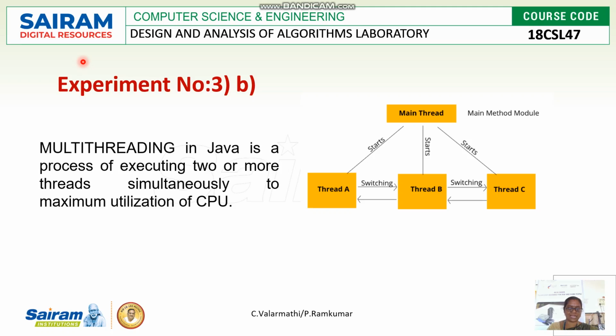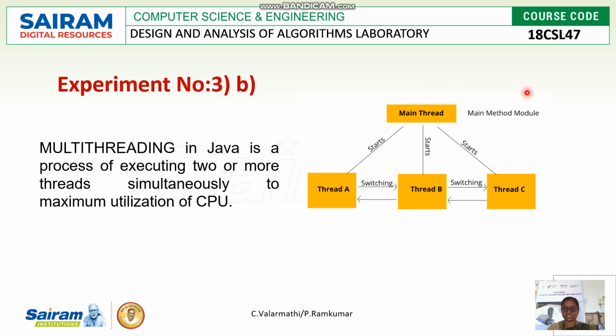It is a process of executing two or more threads simultaneously to improve the maximum utilization of the CPU. As we know, multi-threading enhances parallel and concurrent execution. We want to perform all the events in a concurrent way, and multi-threading is the foremost way of implementing this parallel execution.